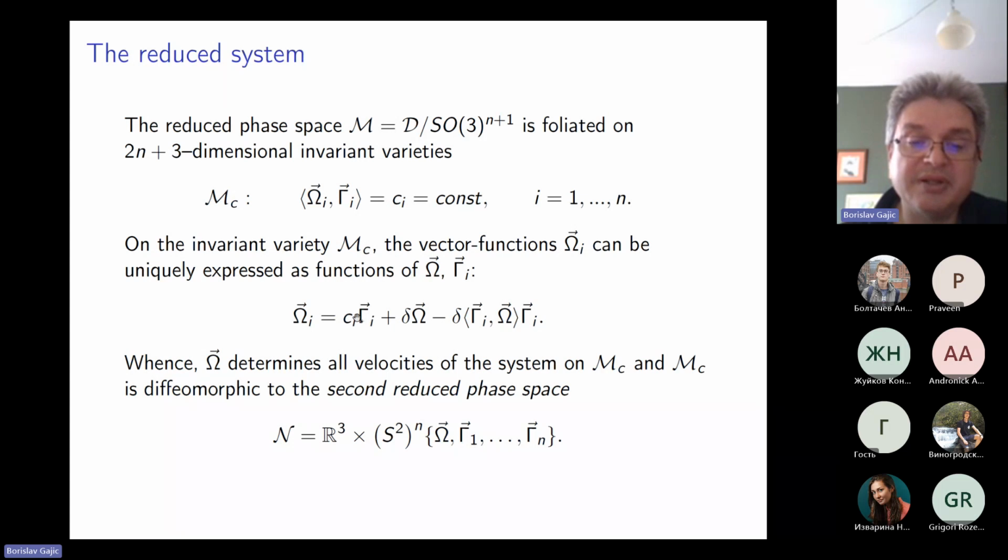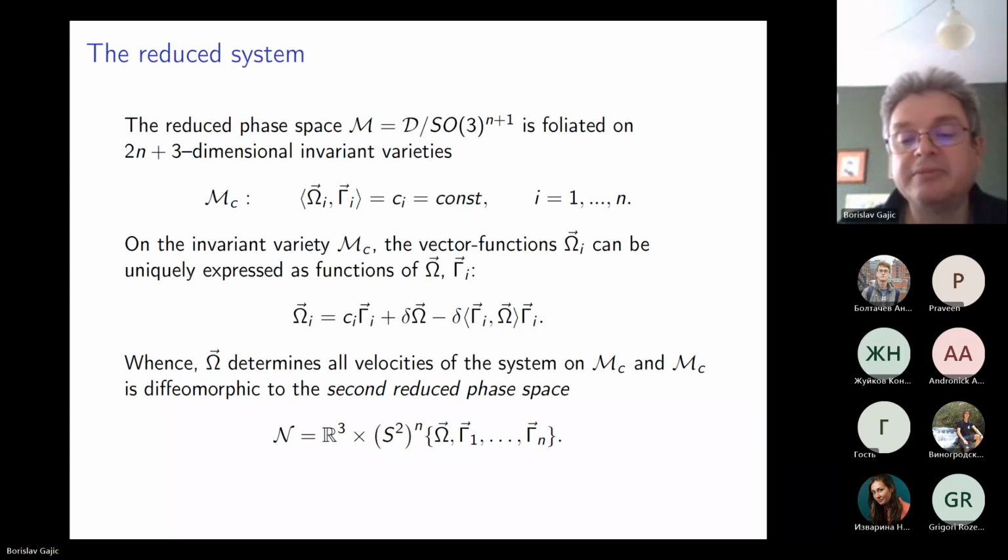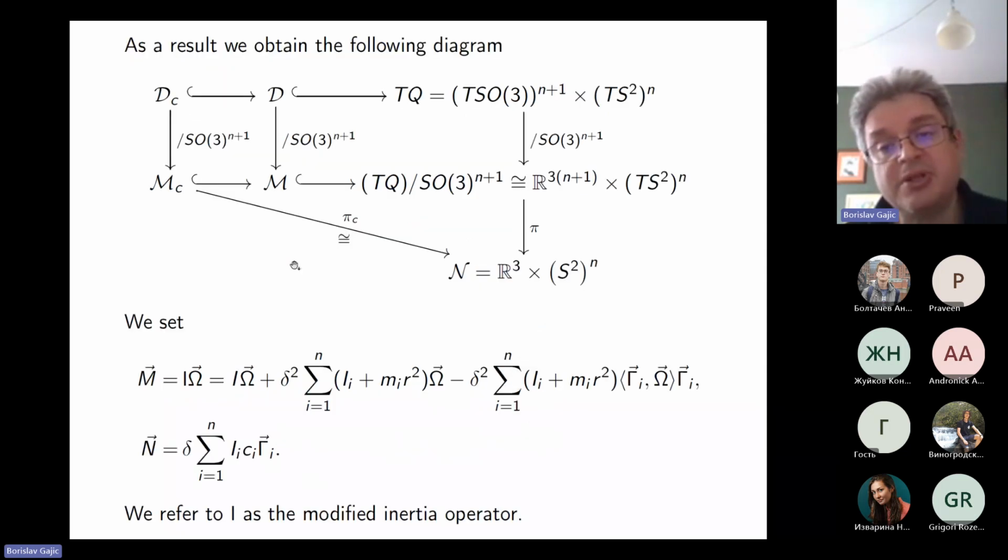So as a result, the problem is additionally reduced to this space N. We have as independent variables only omega, gamma_1 to gamma_n. So now we drastically reduce the configuration space we studied. This is a very interesting geometrical situation in previous considerations.